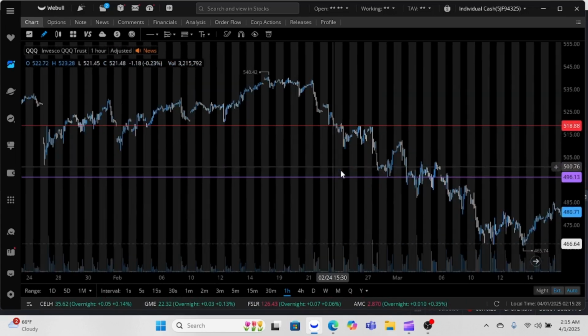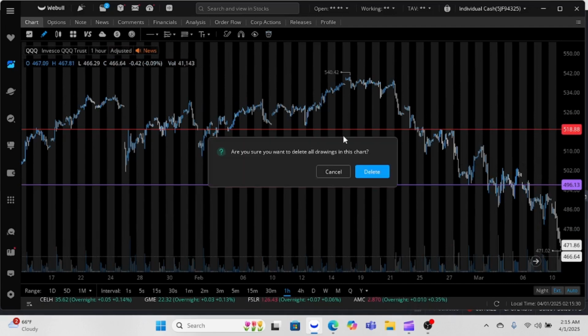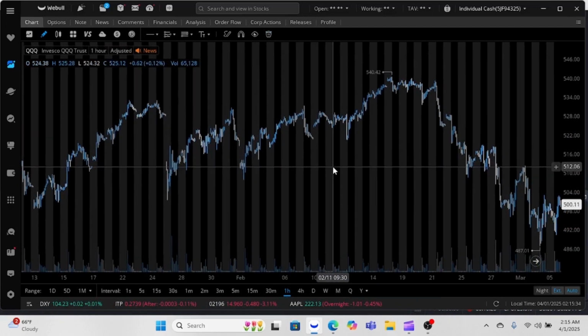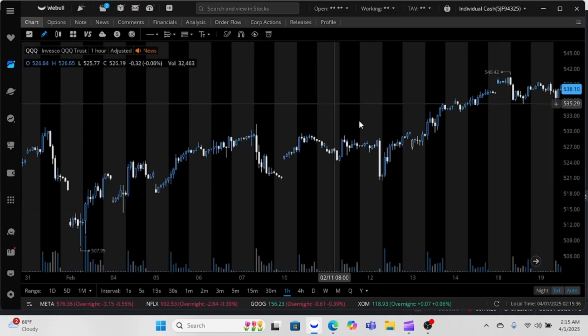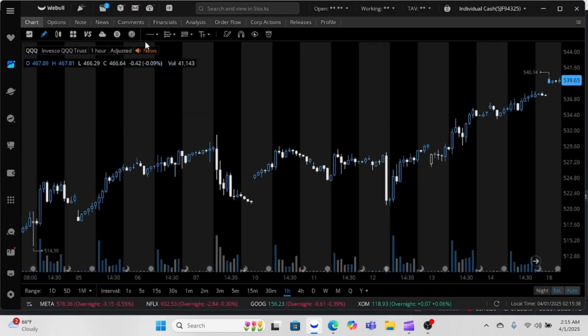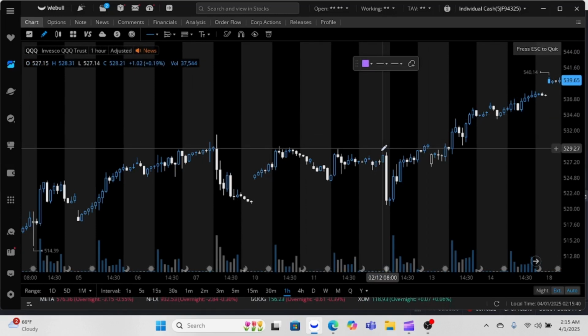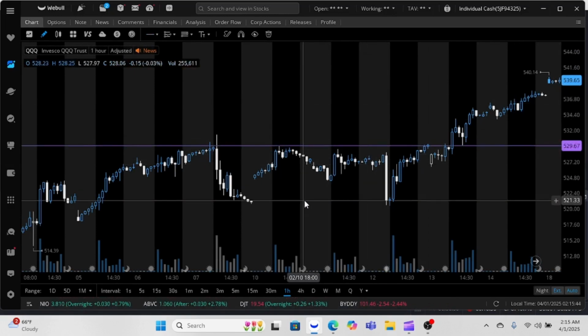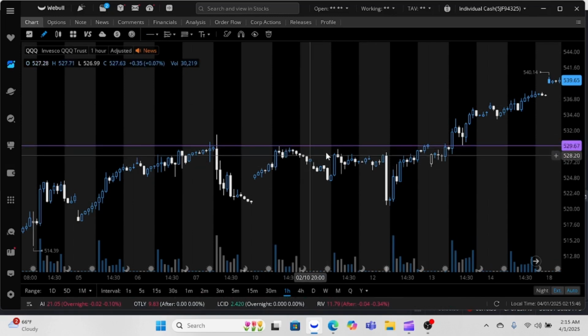Now just for reference, take a look right here. Take a look at how we have many equal highs right here. So we have equal highs, equal highs. They haven't been taken yet.